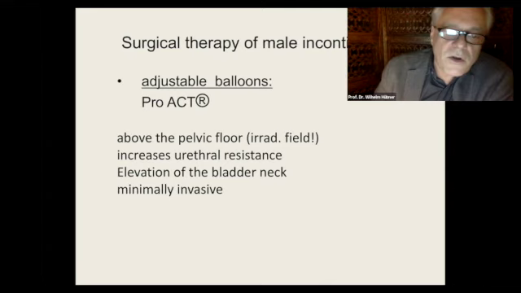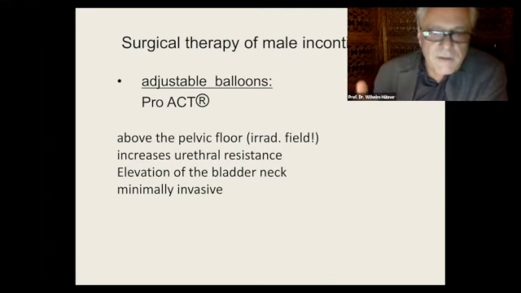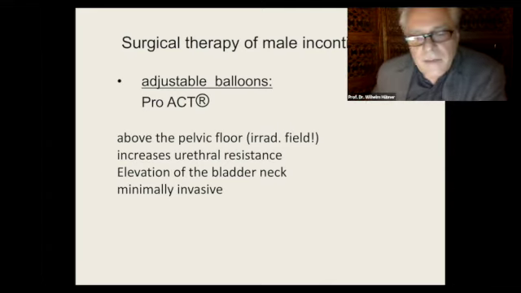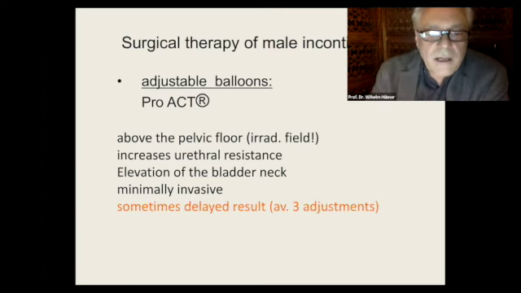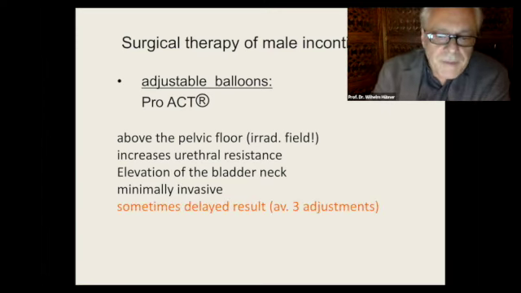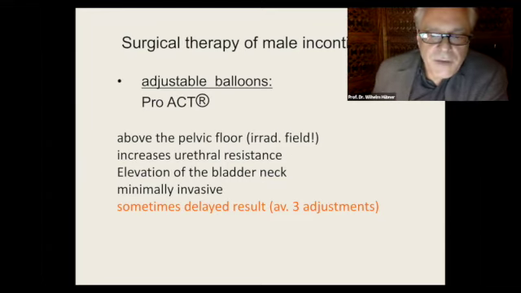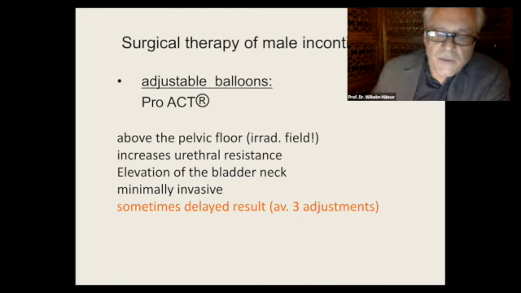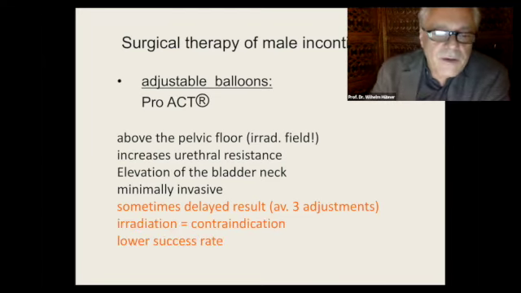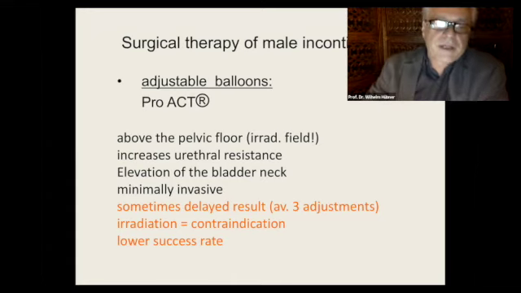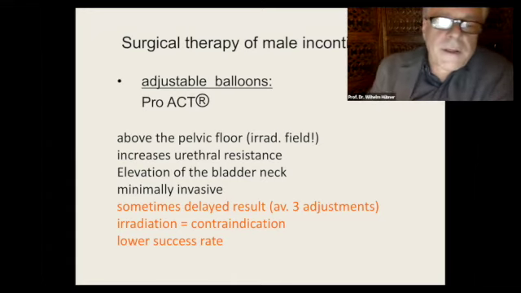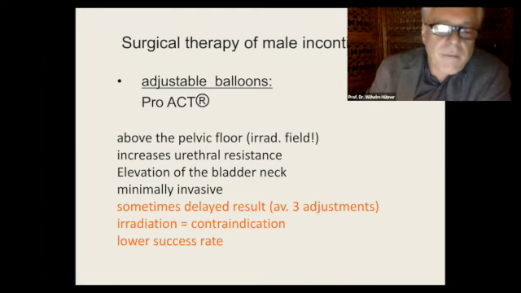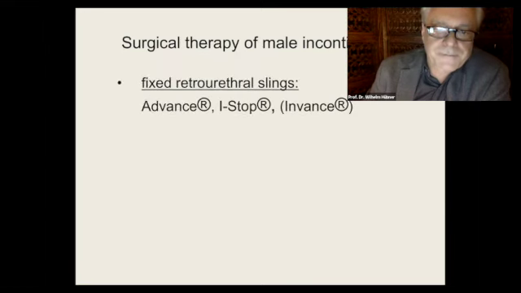There is a certain amount of elevation even of the bladder neck, and they are really minimally invasive. You could do it under local. However, you have sometimes a delayed result because on average you have to have 3 adjustments with 4 weeks in between every adjustment. So it may take a while until you get your final result. As I mentioned, irradiation is a contraindication, and the balloons have about 10% lower success rate than slings have.